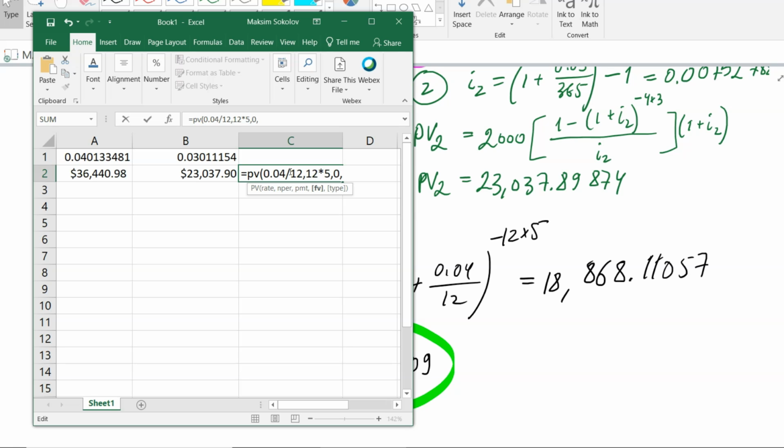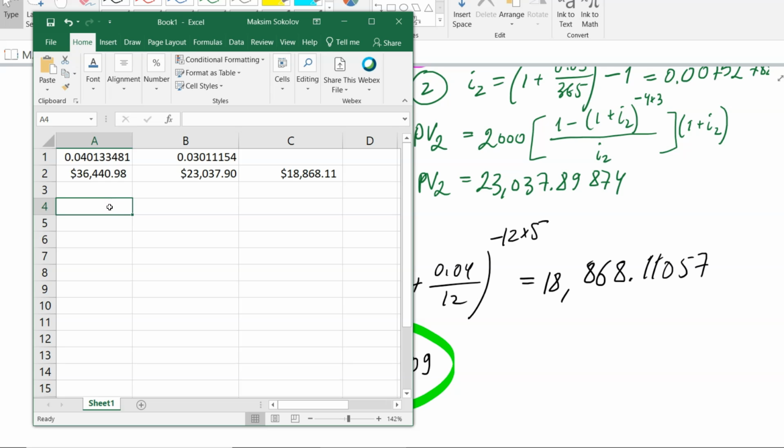We don't have payment in this calculation. Future value is actually in B2, which we will make negative in order to make our present value calculation positive. And because that's not an annuity calculation, it doesn't matter if it's 0 or 1 here. So we'll select 0. If we press enter, we obtain the answer, which is 18,868.11, exactly what we got with algebra.